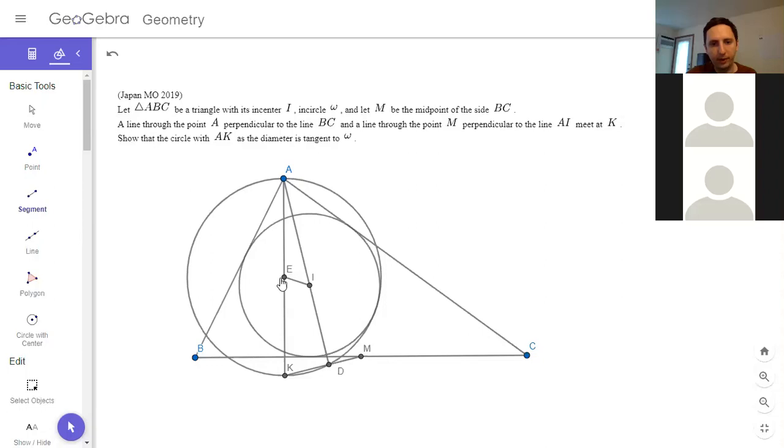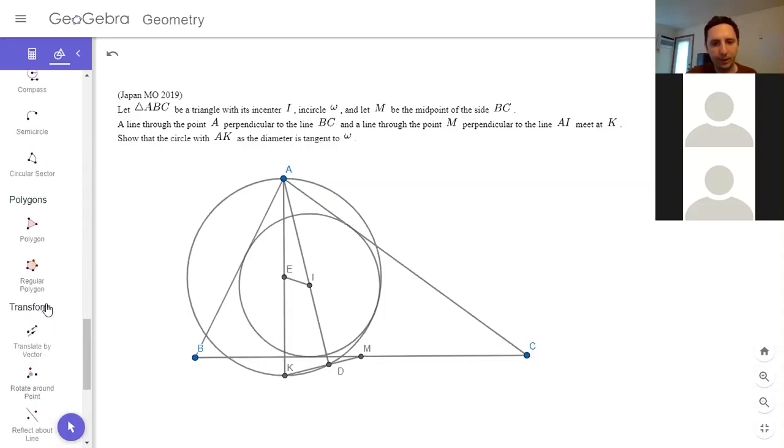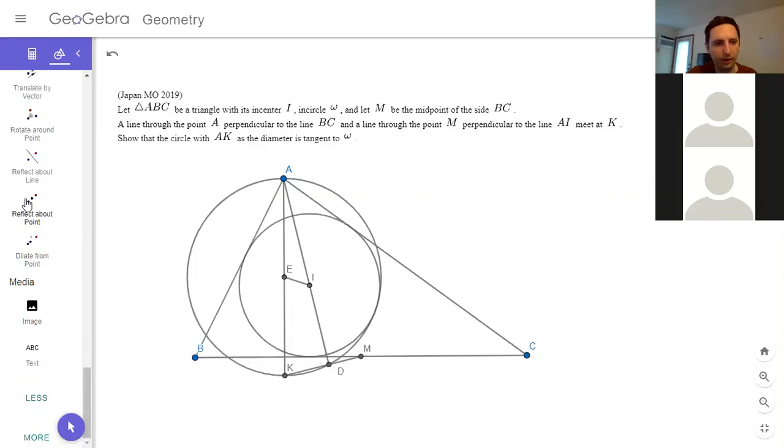So E is the midpoint of AK. Yeah, maybe we should reflect A over point I and see what that does. Let me try that.